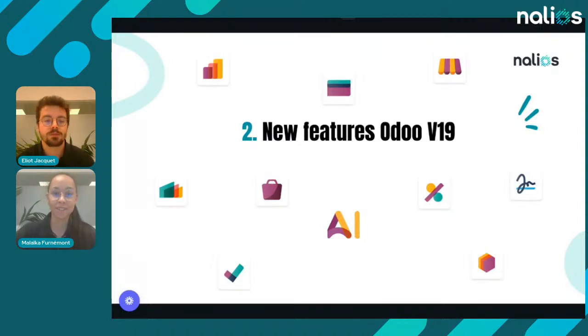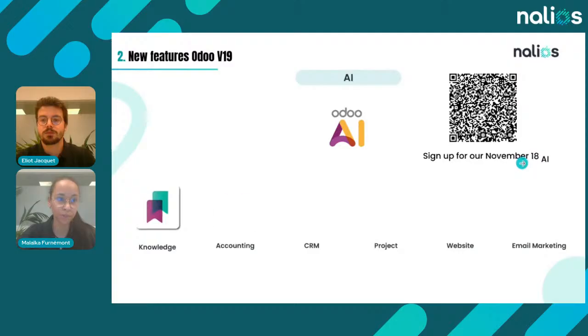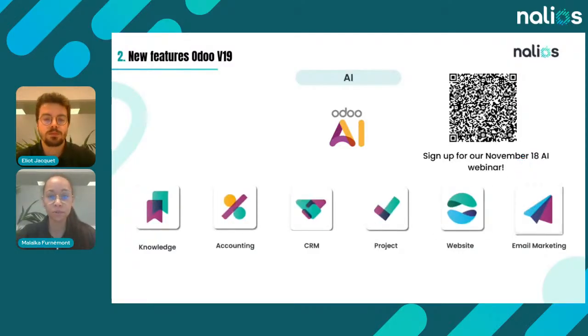Thank you, Eliot. So one of the biggest new features of Odoo V19 is, of course, AI. So now Odoo offers an application which is 100% dedicated to AI, with which you can connect different kinds of AI software such as ChatGPT or Gemini.